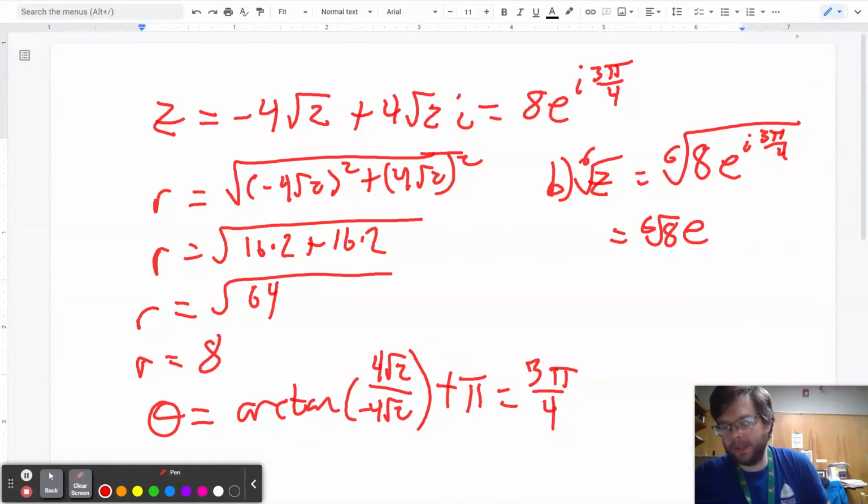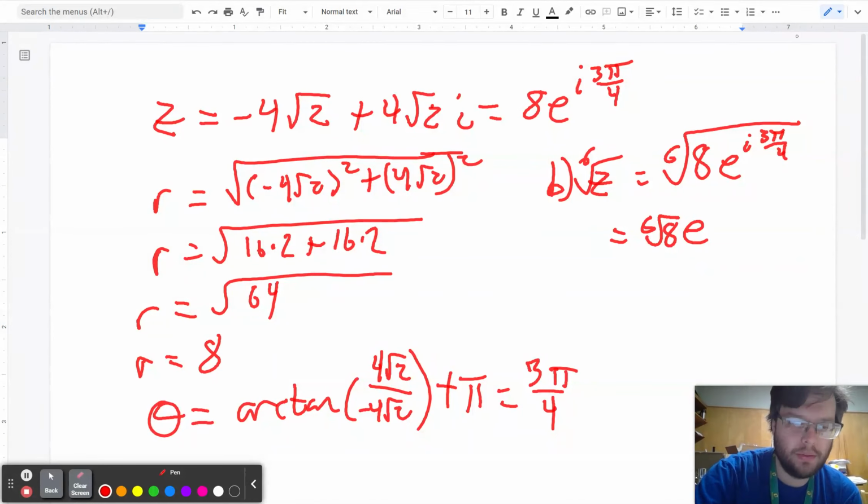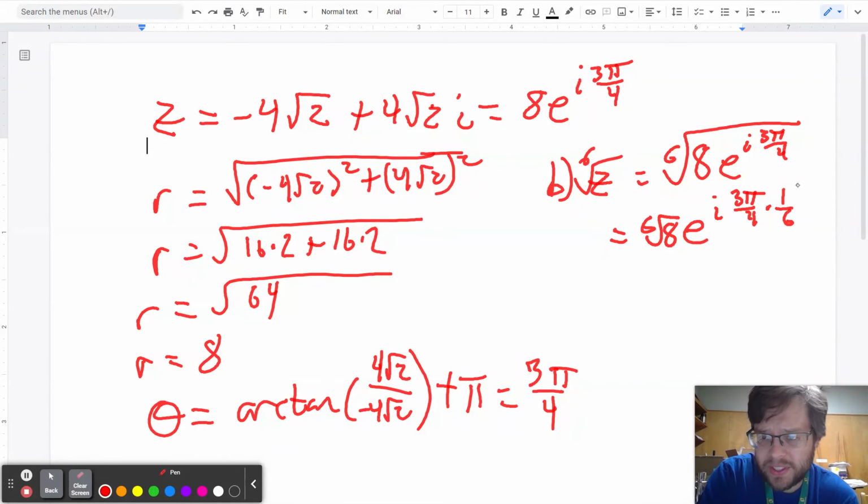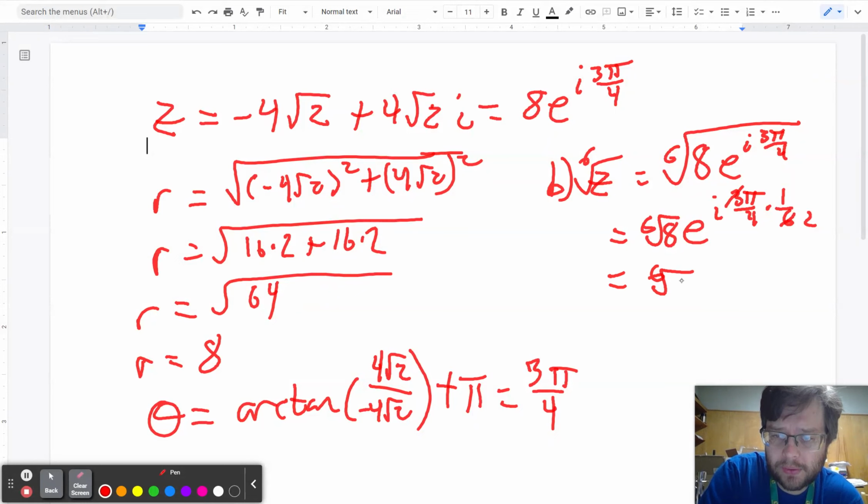All right, so I was talking about the angle here. So the angle is raised to the 1/6 power. So I guess I can phrase that as 3 pi over 4 times a sixth. And that reduces a little bit, because 6 and 3, I guess we can get pi over 8. So the sixth root of 8 e to the i pi over 8.